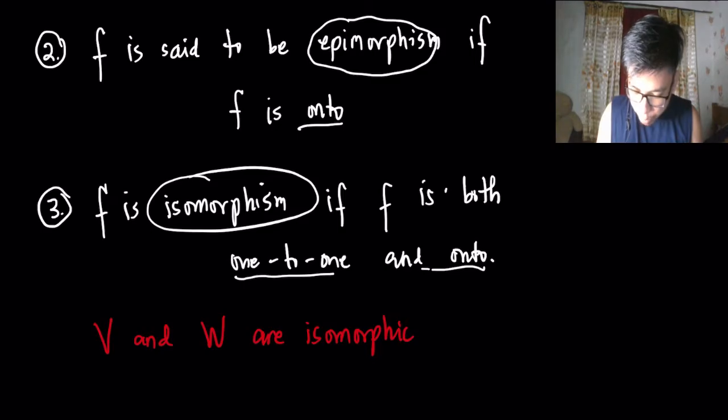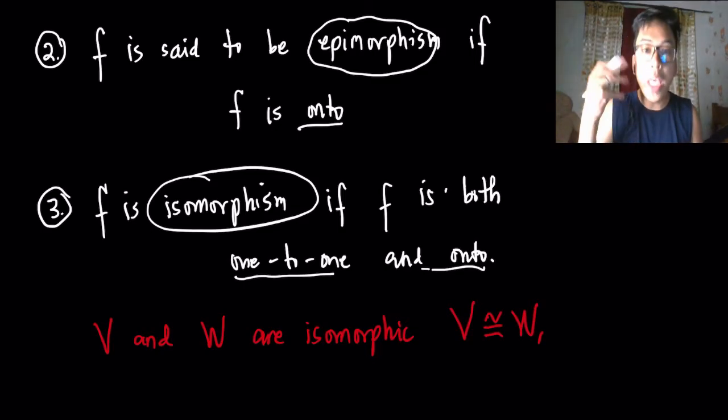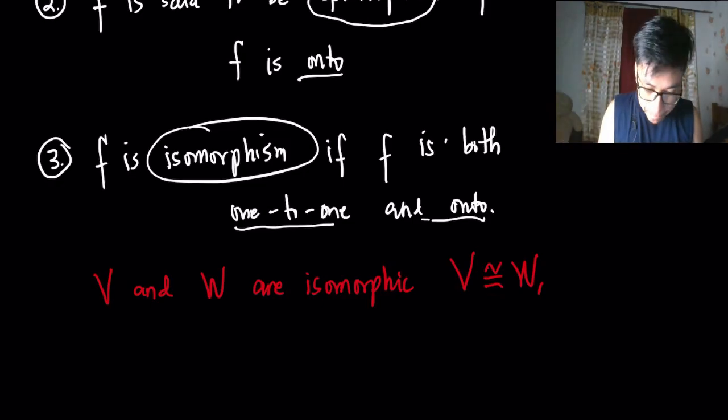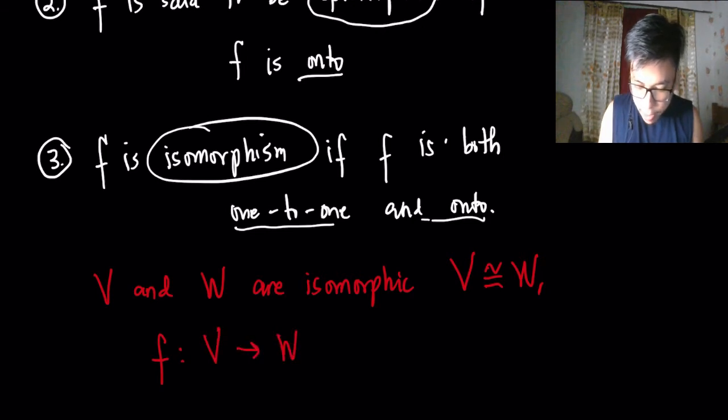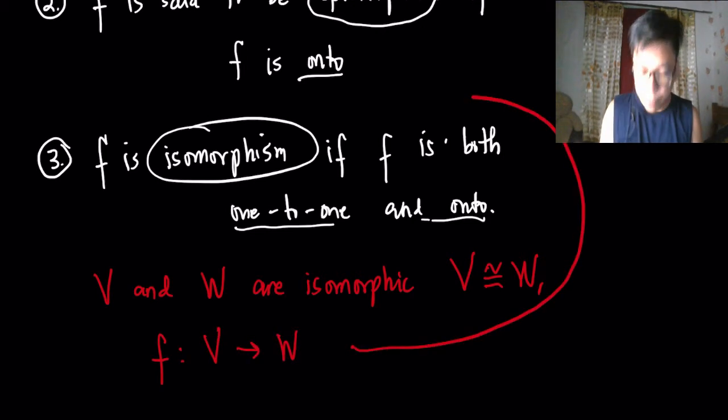In this case, we write V is isomorphic to W if we can find such a mapping F from V to W that is an isomorphism. That's it.